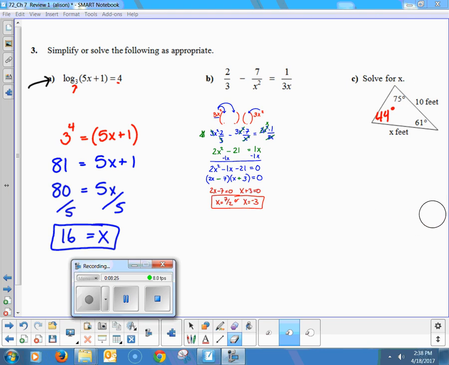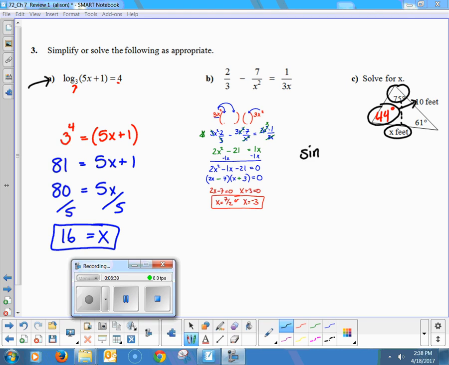It looks like since this is not a right triangle, we'd have to use a law of sines or cosines. I happen to know an angle and its opposite side now, and another angle and its opposite side. So maybe you remember that you could take the sine of an angle over its opposite side, and that would equal the sine of another angle over its opposite side.